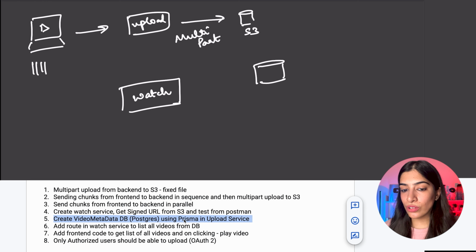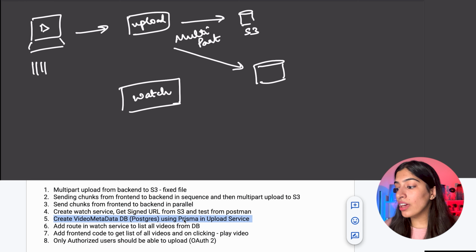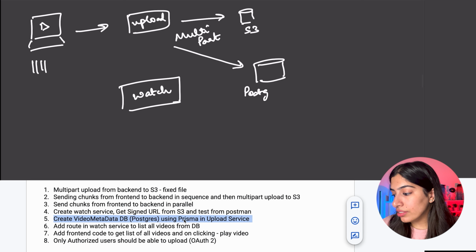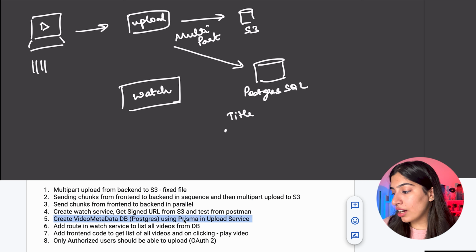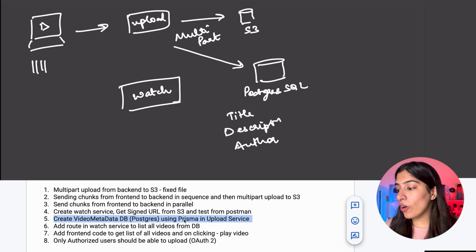And what are we going to do? When we do the upload, we are not just going to upload the video on S3, but after completing the upload, basically in the third request, in our PostgreSQL we are going to be adding some metadata. For example, our title, our description, our author name, and because we have finished the upload, we would also have the S3 URL.